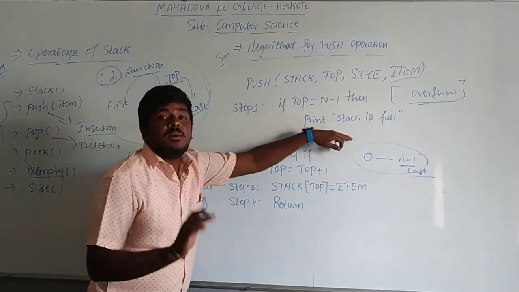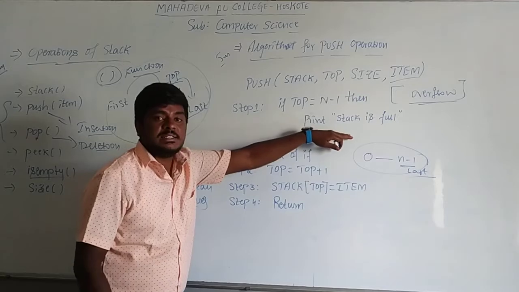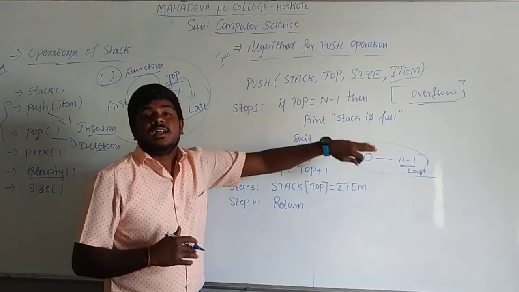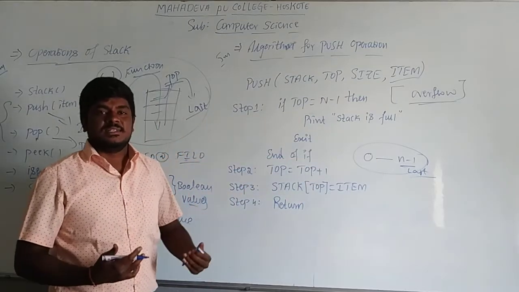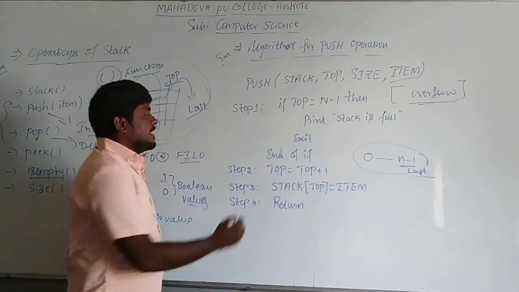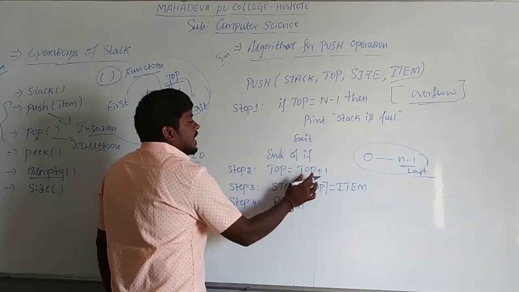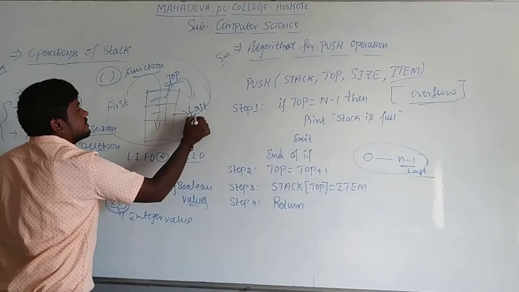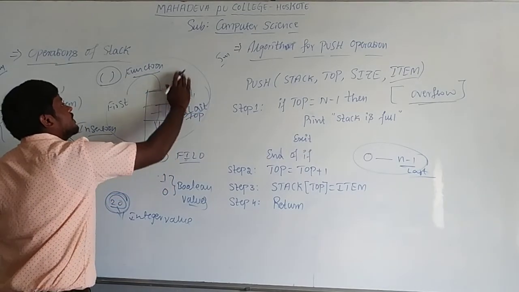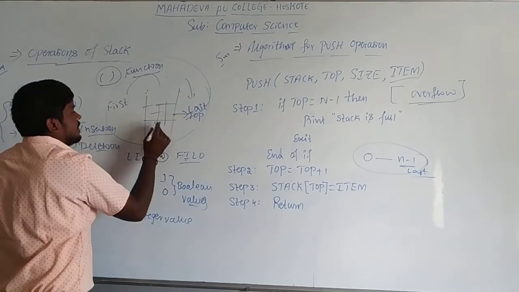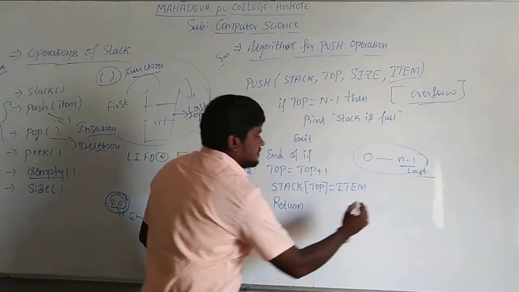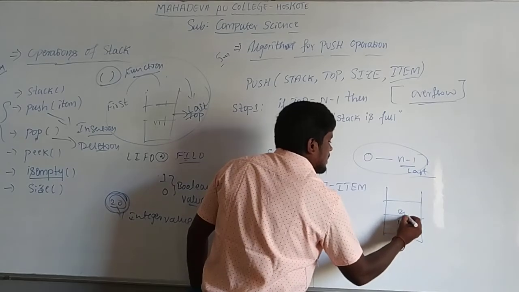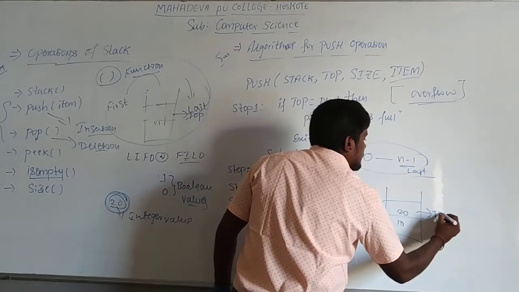If this condition is false, that means there is still space in the stack, and we can insert. So before inserting the element, where should we put it? Top is there, so we need to increment top.